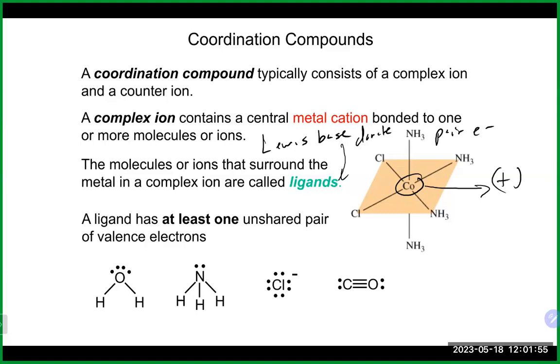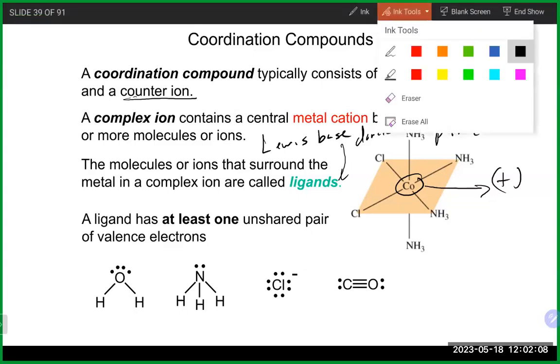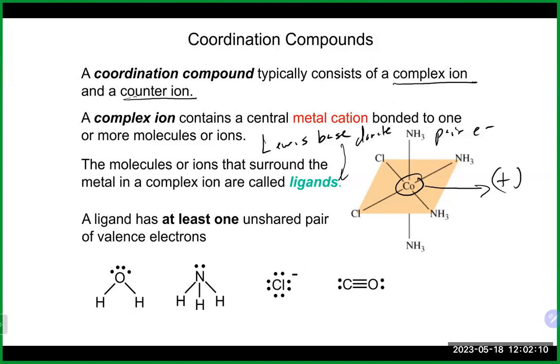So when we make a coordination compound, it has two parts: a complex ion and a counter ion. In the case of coordination compounds, either one of those can have either charge. You could have a complex ion that is positively charged, and it would then have a counter ion that is negatively charged, very much like an ionic compound.